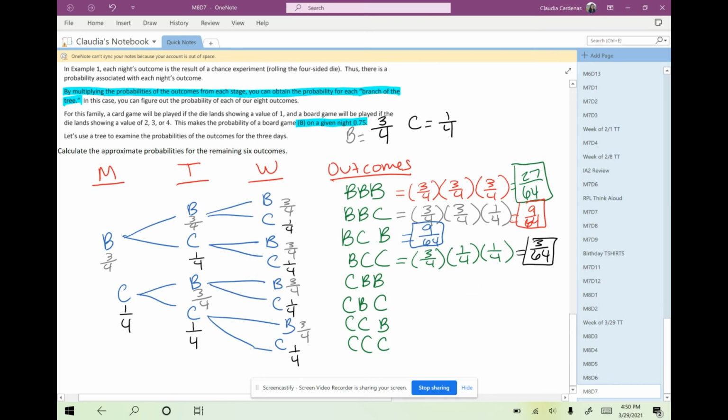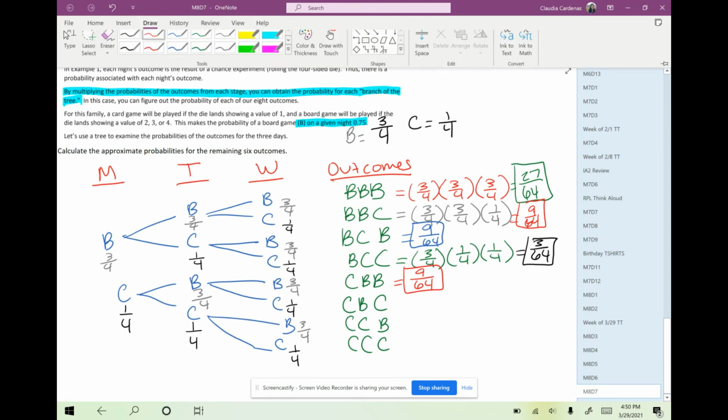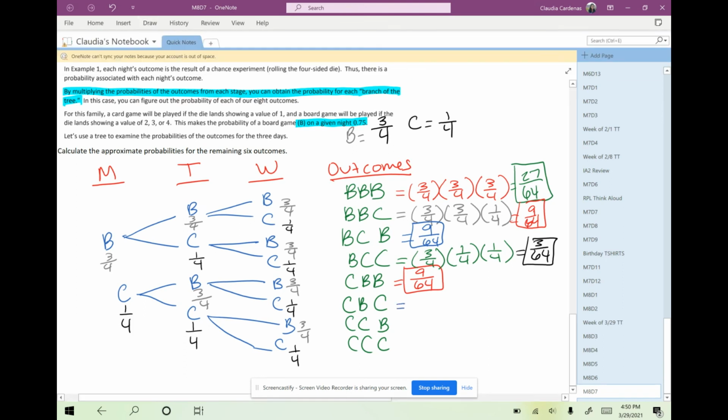And then I see the next one has 2 board games and 1 card game, which would match the ones that we just did of 9/64. This one has 2 card games and 1 board game, which would match the one we just did of 3/64. This one also has 2 card games and 1 board game, so that would be the same.